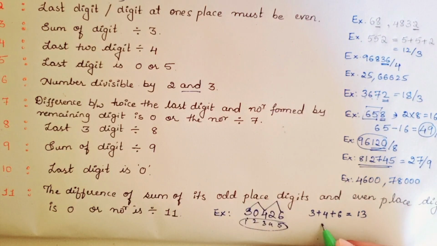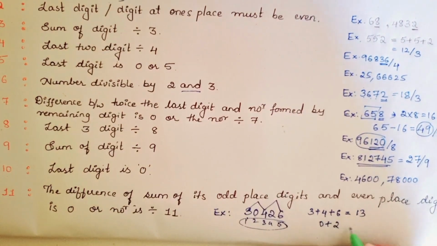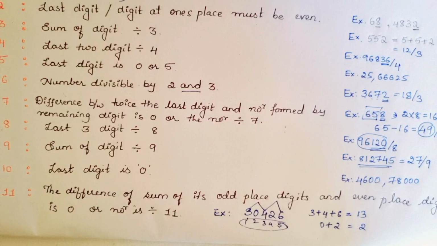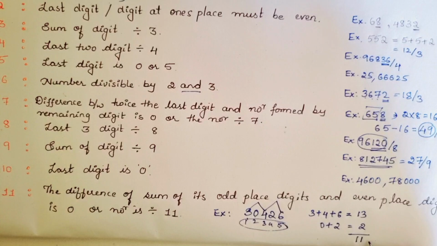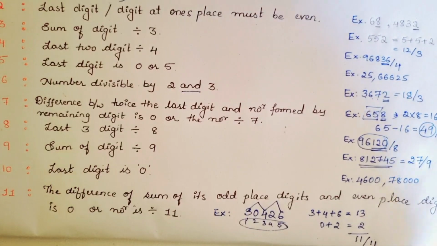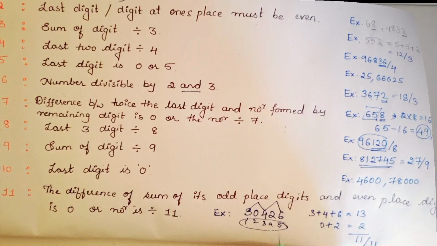These are even place digits. 0 plus 2 is 2. Now you need to subtract both these numbers. So 13 minus 2 is how much? It is 11. So 11 is exactly divisible by 11. Then you can say the given number, that is 30,426, is exactly divisible by 11.